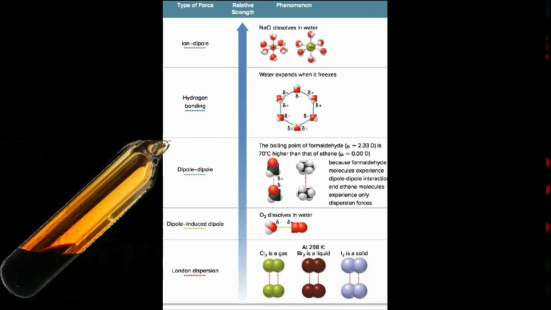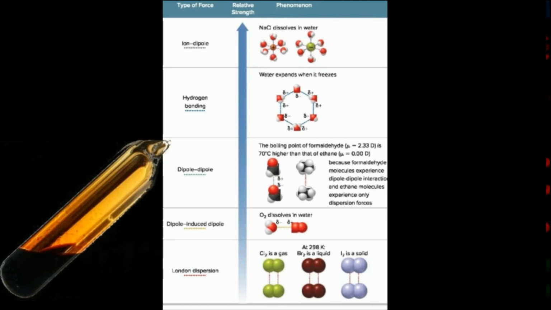Now it's liquid because now you've got more electrons, and now when the molecules are together, the electron clouds get polarized and one gets attracted to the other, and this attraction keeps the molecules together, the intermolecular forces, and they start moving around each other, and this is why bromine is liquid.